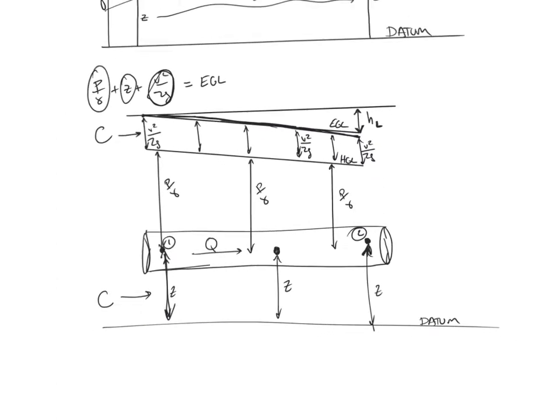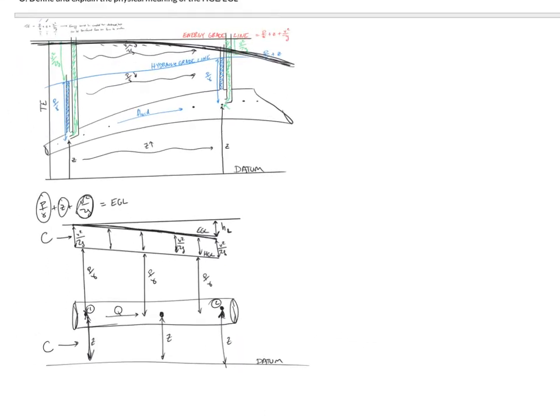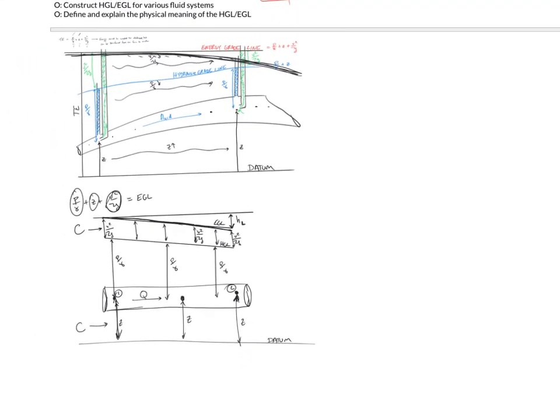So what I recommend when you're drawing these, this is how I recommend you draw them. And we'll come up with some more general rules to help you as we go. But one, draw the EGL. I'm going to enumerate as we go through this lecture how to draw the EGL, what the EGL means and everything.